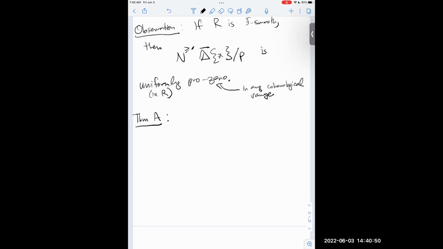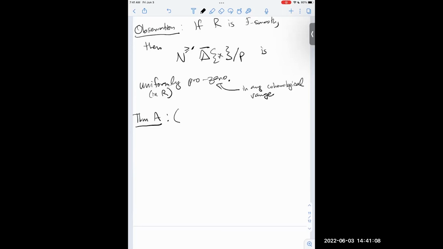Thank you. So when I say pro-zero in the derived category, I really mean on the level of each cohomology group, but that's enough for the stability under filtered colimits. Thanks. Okay, so let me explain the theorem.